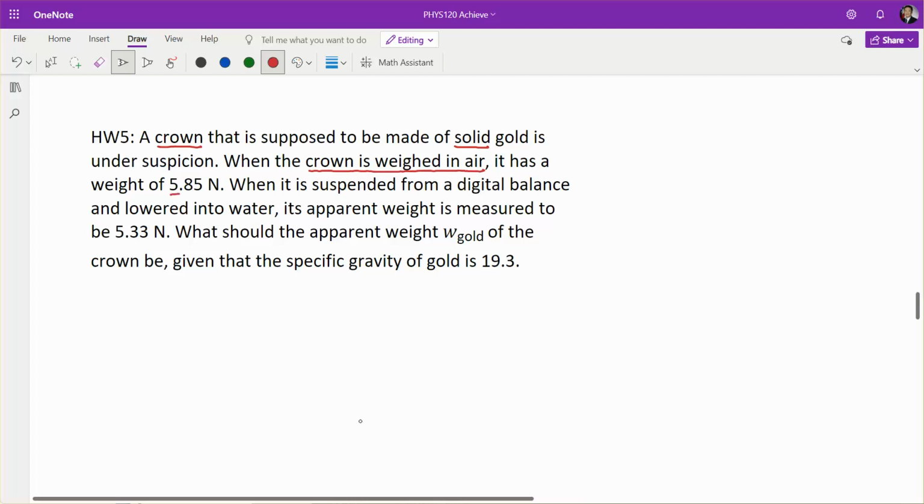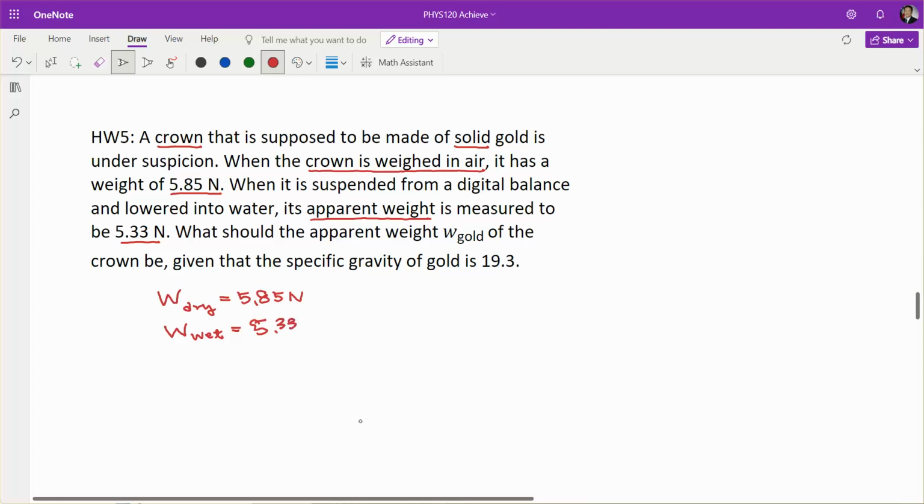So the dry weight is 5.85 Newton. And if you suspend it from a digital balance and lower it into the water, the apparent weight is measured to be this one here. So this apparent weight is actually our wet weight.